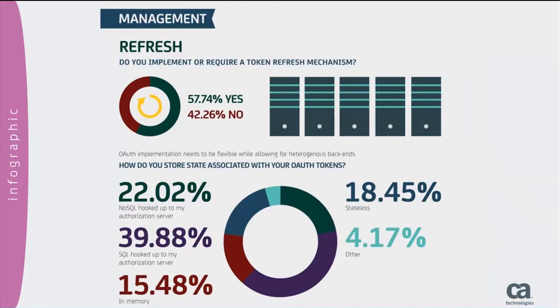Then there is also a question of how to store the states of those tokens. Some might use a NoSQL data source, some might use a SQL data source, some in memory. So you see there are different ways here, but it really depends on how you would like to implement it.